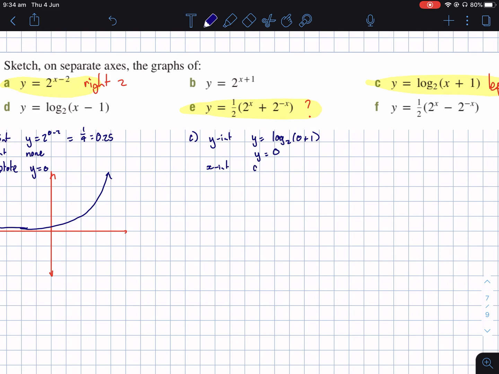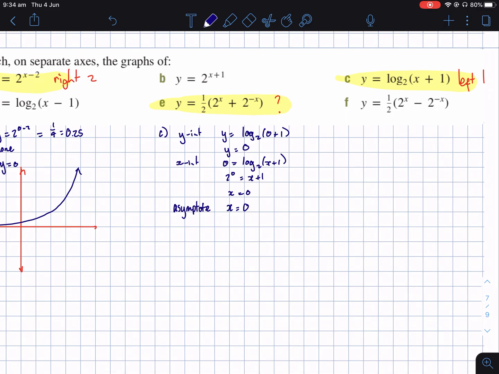X-intercept: 0 equals log base 2 of x plus 1, which means 2 to the 0 equals x plus 1, so x equals 0. And the asymptote, it was 0, but it's been moved left 1, so it's 0 minus 1, which is negative 1.